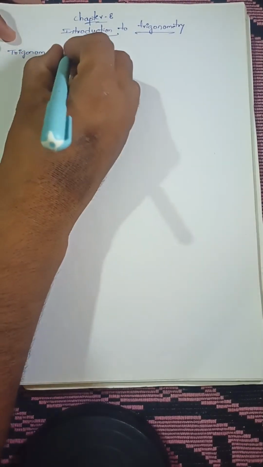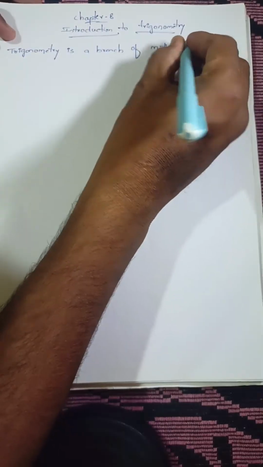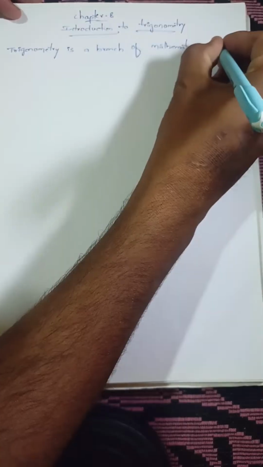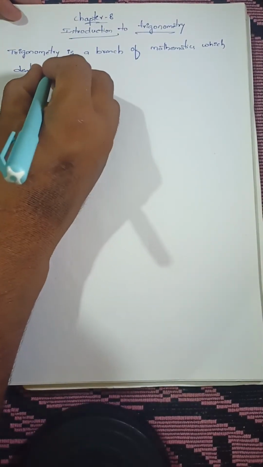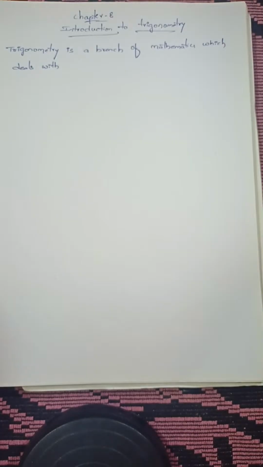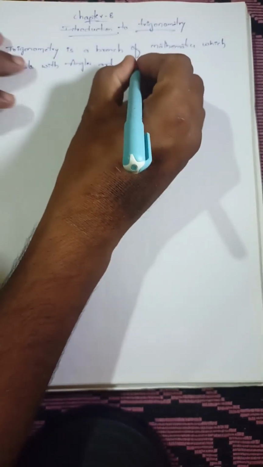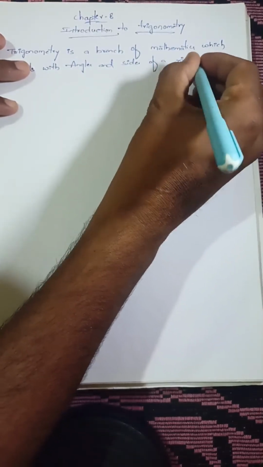Trigonometry is a branch of mathematics that deals with the angles and sides of a right angled triangle.